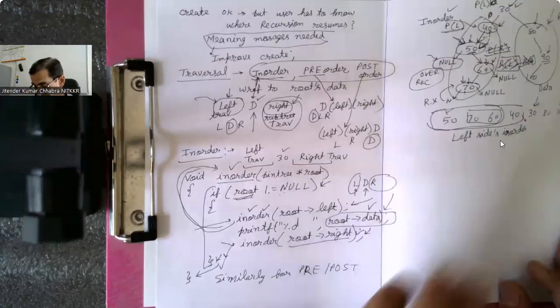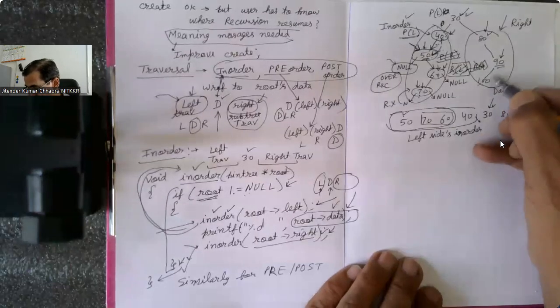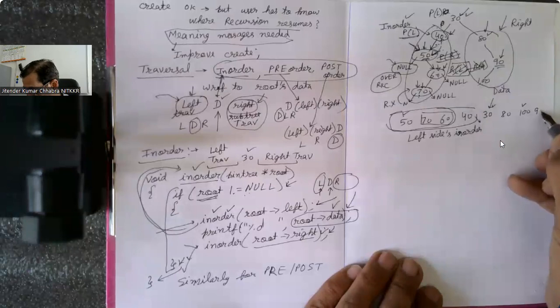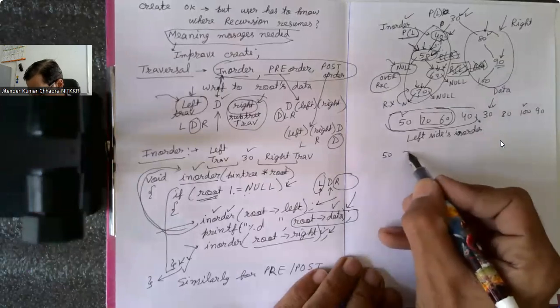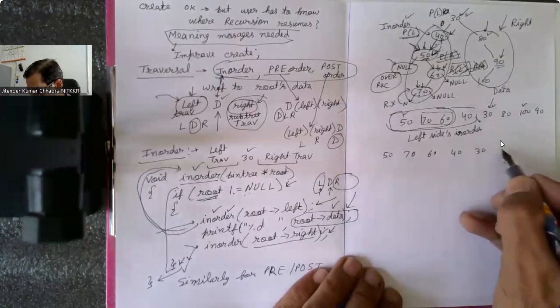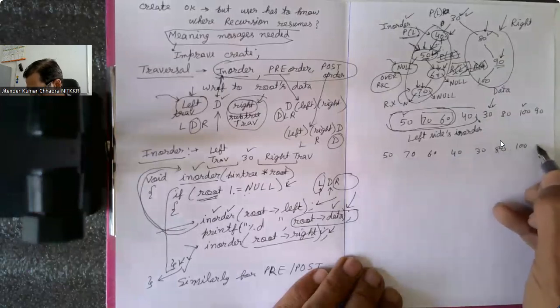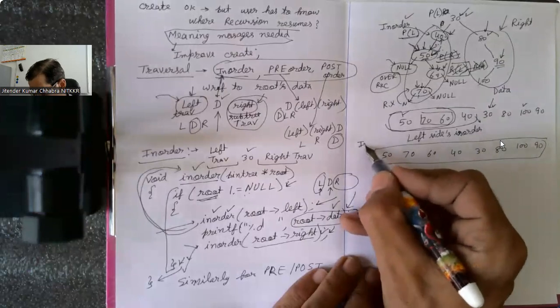And once you have printed 100, then you have the corresponding 90 printed. 90 has no right child. So my overall display will become 50, 70, 60, 40, 30, 80, 100, 90. This will be my in-order traversal.